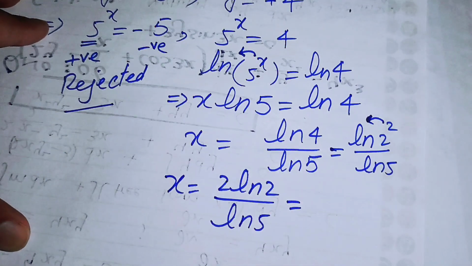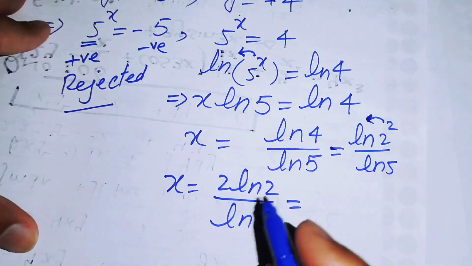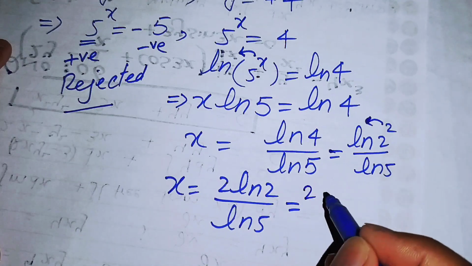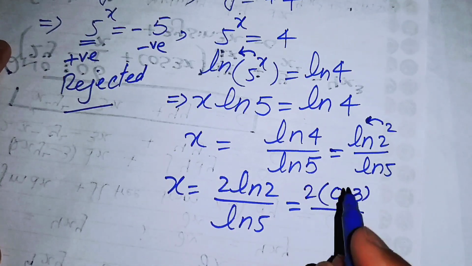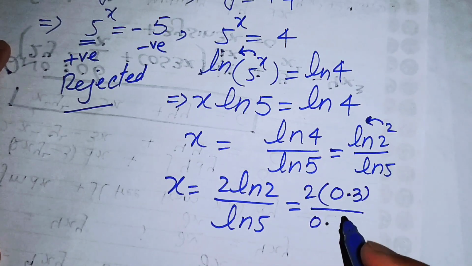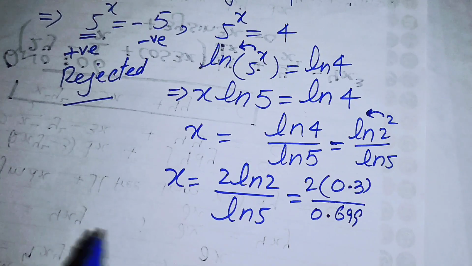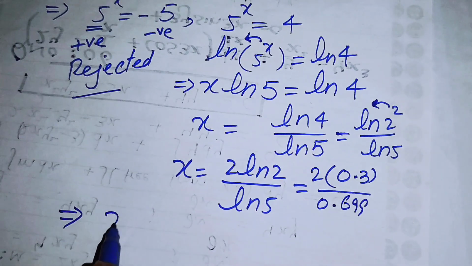Here we can use the calculator and put in the values: log 2 is equal to 0.3 over log 5 is equal to 0.699.